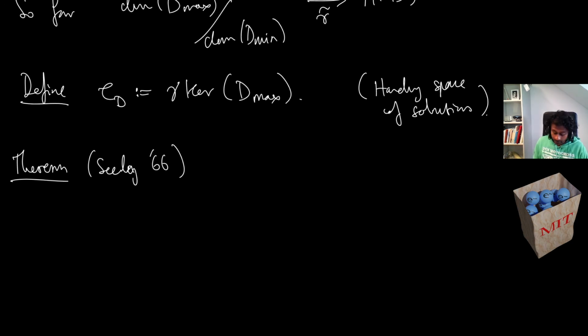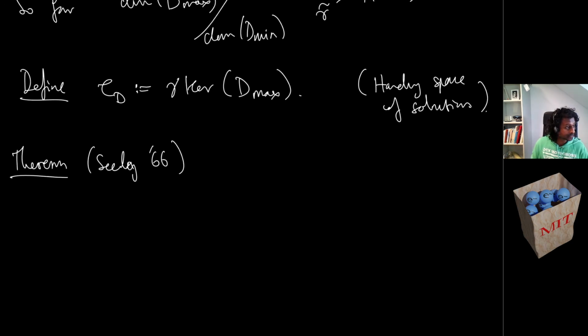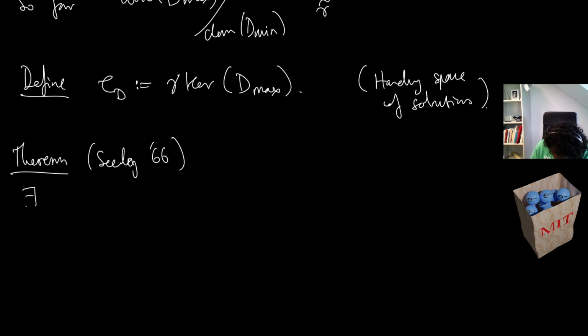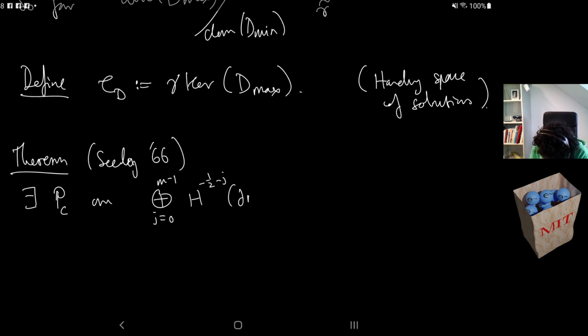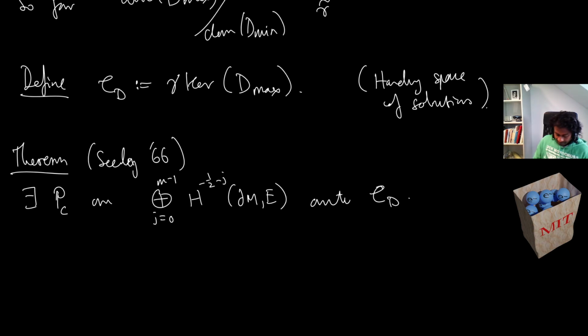So I certainly know it from a paper of Seeley's from 1966, that there exists a projector P_C on the product over j equals 0 to m minus 1 of H^(-1/2-j)(partial M, E) onto C of D. Okay, so it is a closed subspace.